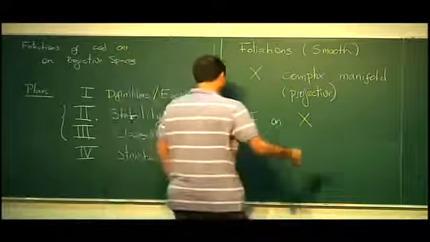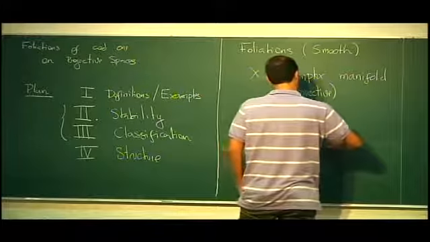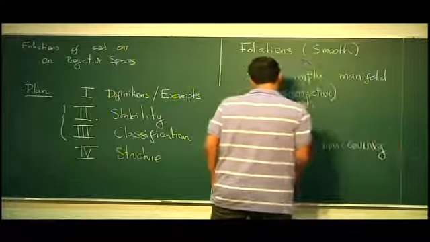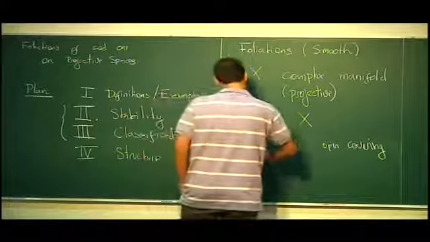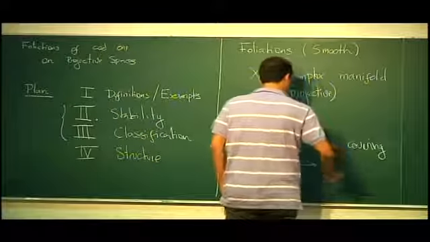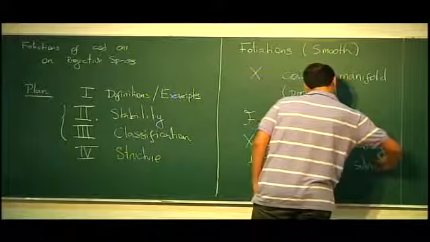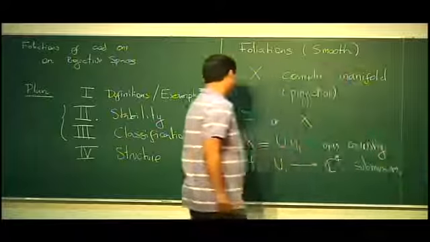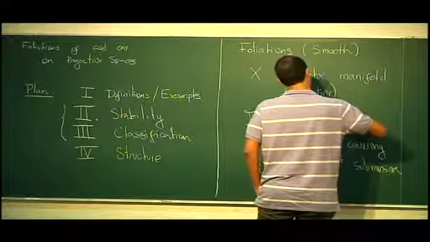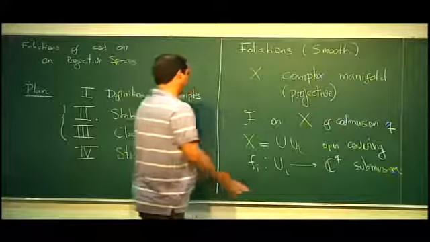Perhaps the simplest is by giving an open covering and, on each open set of the covering, a submersion, where q is the codimension.